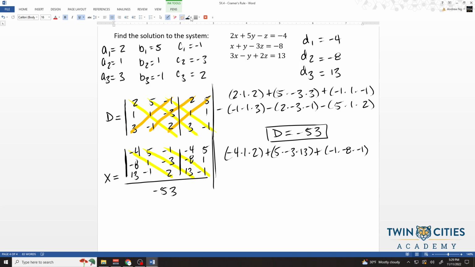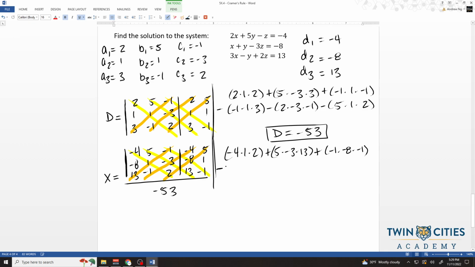All right, then let's subtract going the other direction. So this is going to be -1 times 1 times 13, -4 times -3 times -1, and then 5 times -8 times 2.